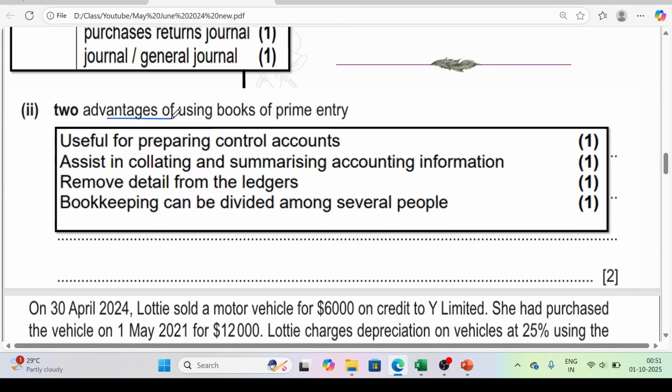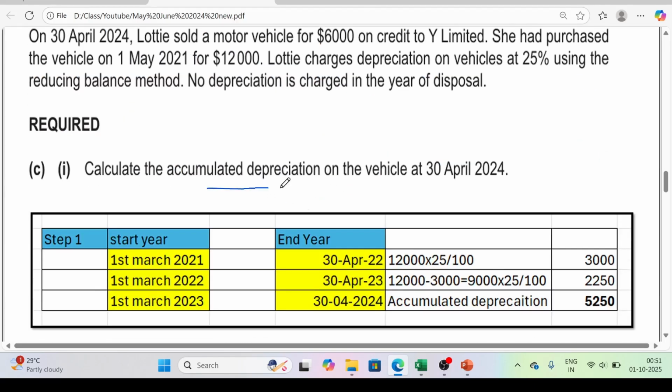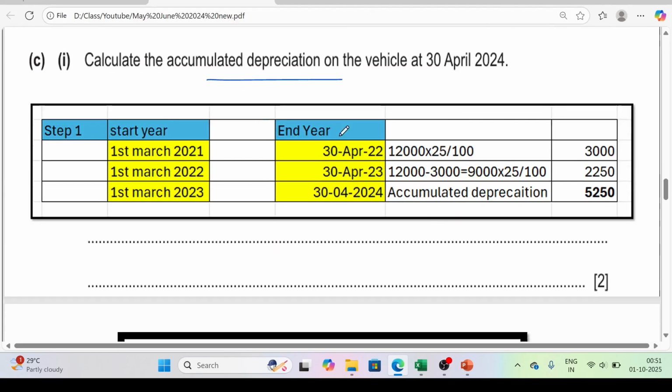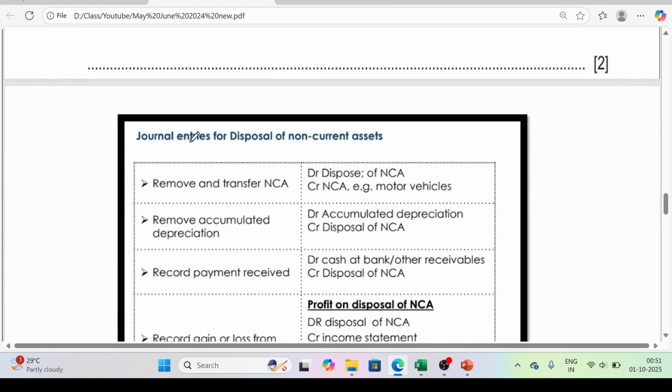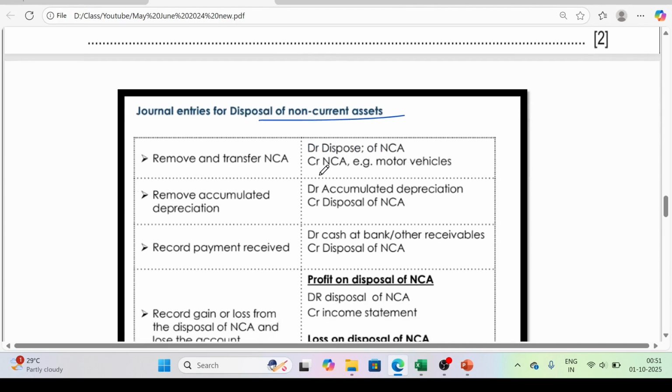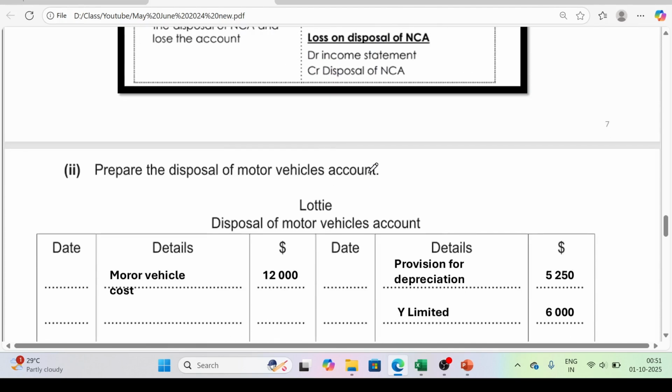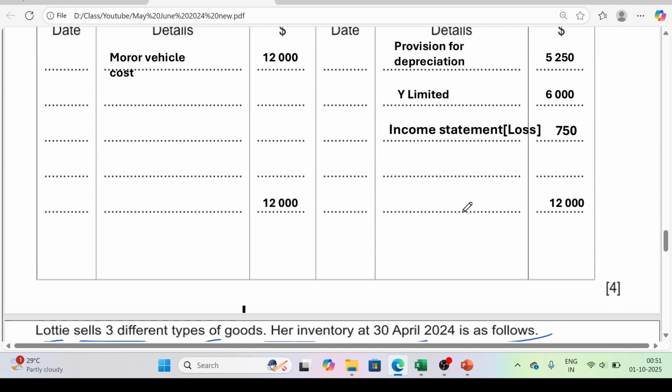Then what are the advantages of books of prime entry, and accumulated depreciation calculation if reducing balance method. Very important, you have to minus it. Then disposal journal entry, practice it. If you know the journal entry, the disposal account is very easy for you.